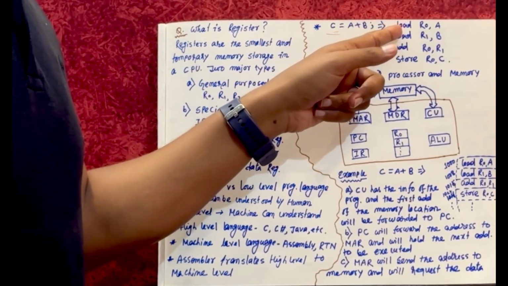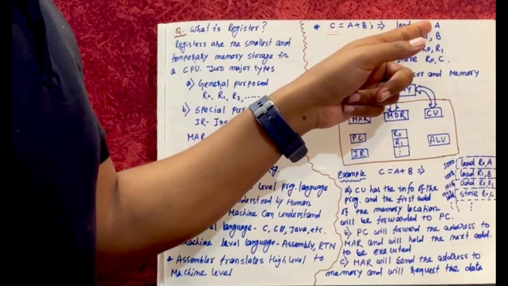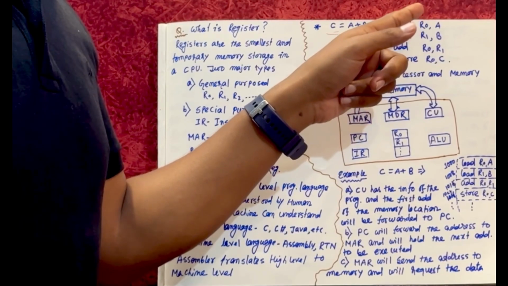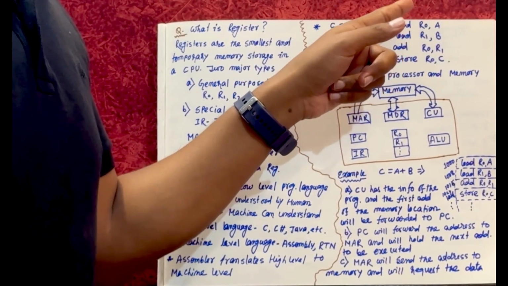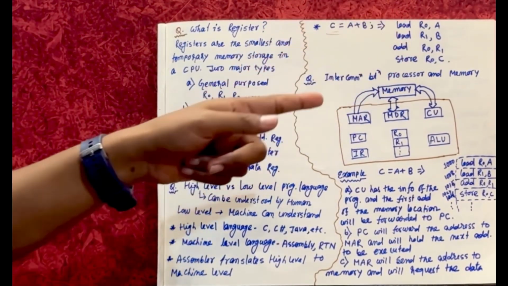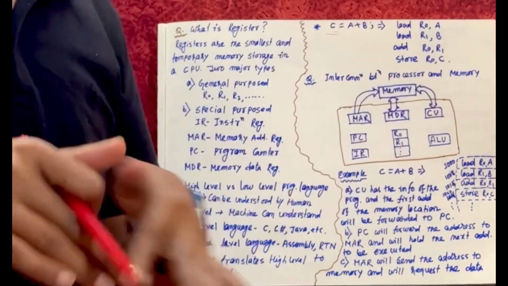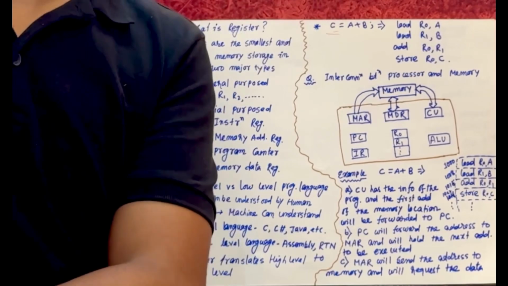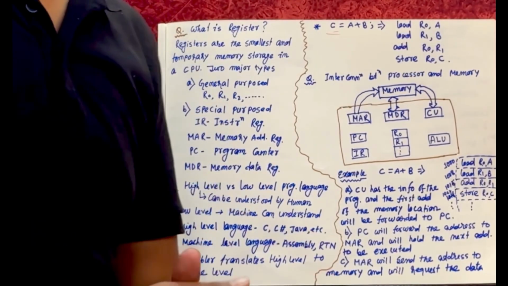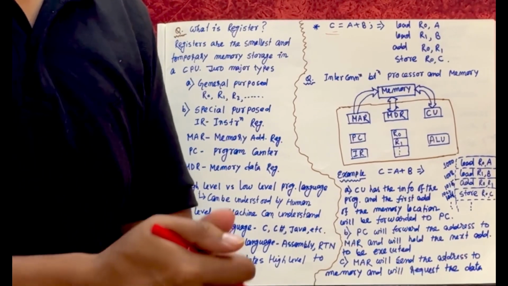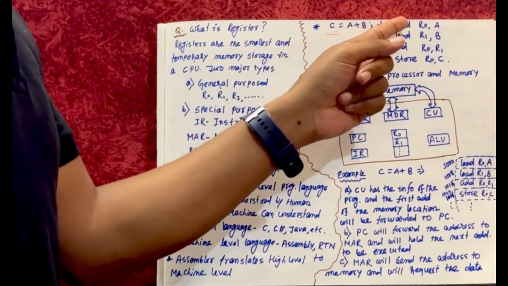And see the machine-level instructions to perform C equals A plus B. It will translate into something like this. First of all, it will be load R0, A. So what is R0? R0 is nothing but a general purpose register which is available in our CPU. In CPU we have many registers, some are special purpose and some are general purpose. As I told you, a general purpose register can hold anything which is used generally, right? So what does it mean?